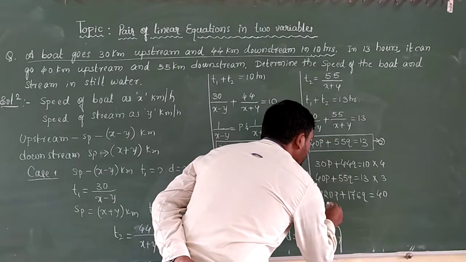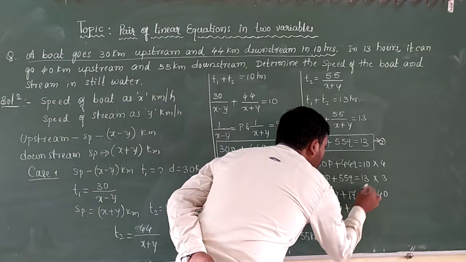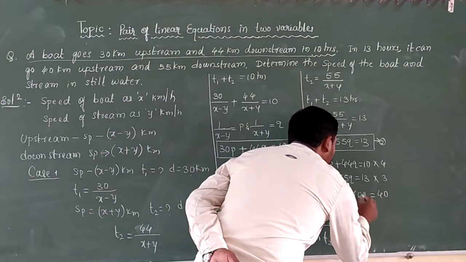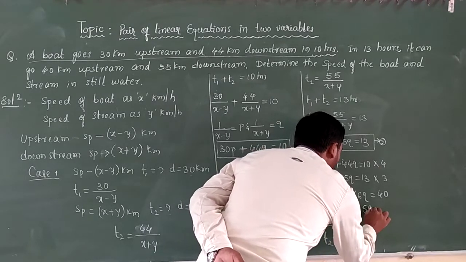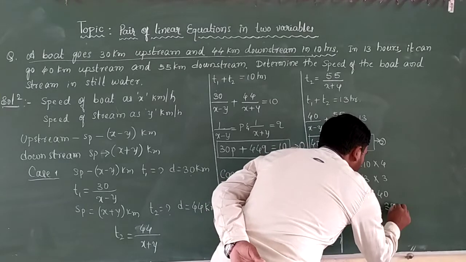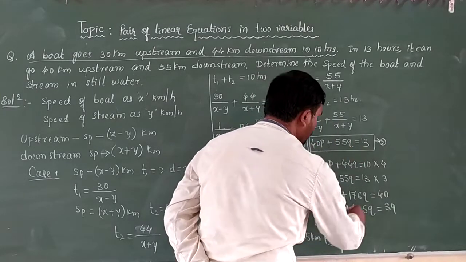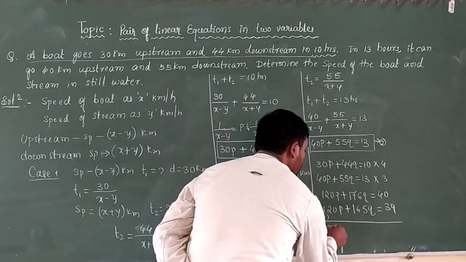And here the second equation becomes 120p plus 55 3s are 165q is equal to 39. So let us solve these two equations simultaneously. If we solve these two simultaneously, we have to change the sign.